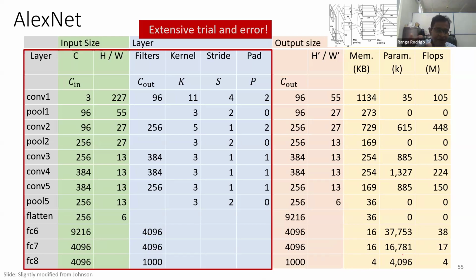If you ask how they did this when they designed AlexNet, how did they find the kernel sizes and so on? They did it with extensive trial and error. But now people have some formulas or proper ways of doing that. I'll give you a couple of minutes to focus on this. If you have any questions, please ask.